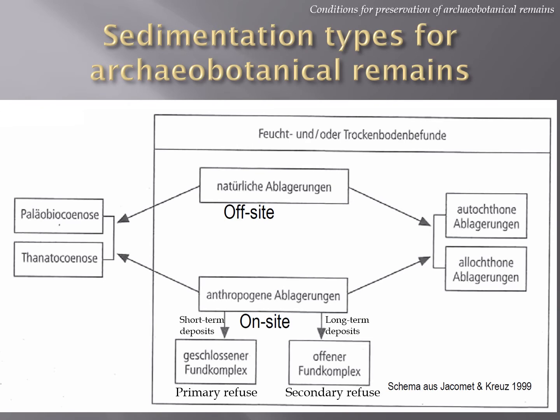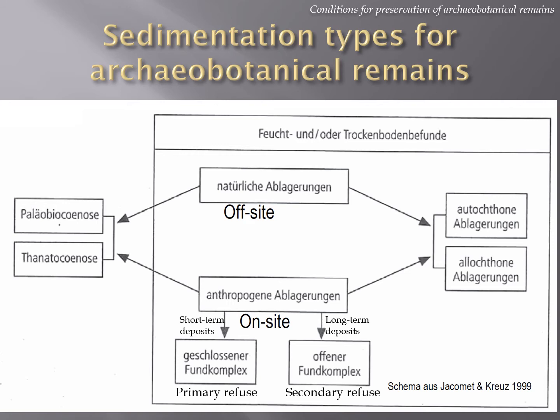Having some background information on archaeobotanical research questions and major approaches, we should have a look on the types of sediments and archaeological contexts in which plant remains are preserved. In general, we can distinguish between autochthone and allochthonous sediments.